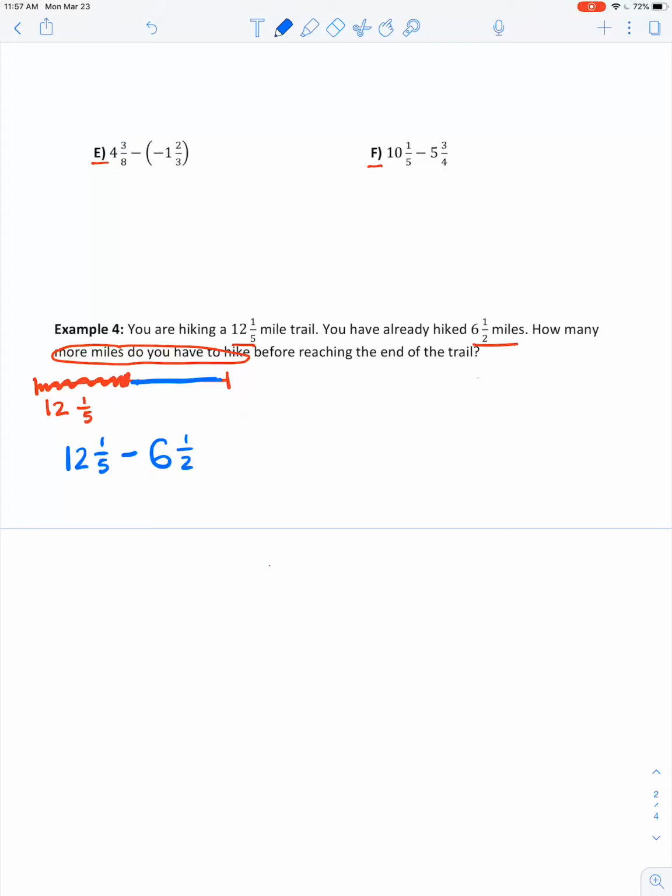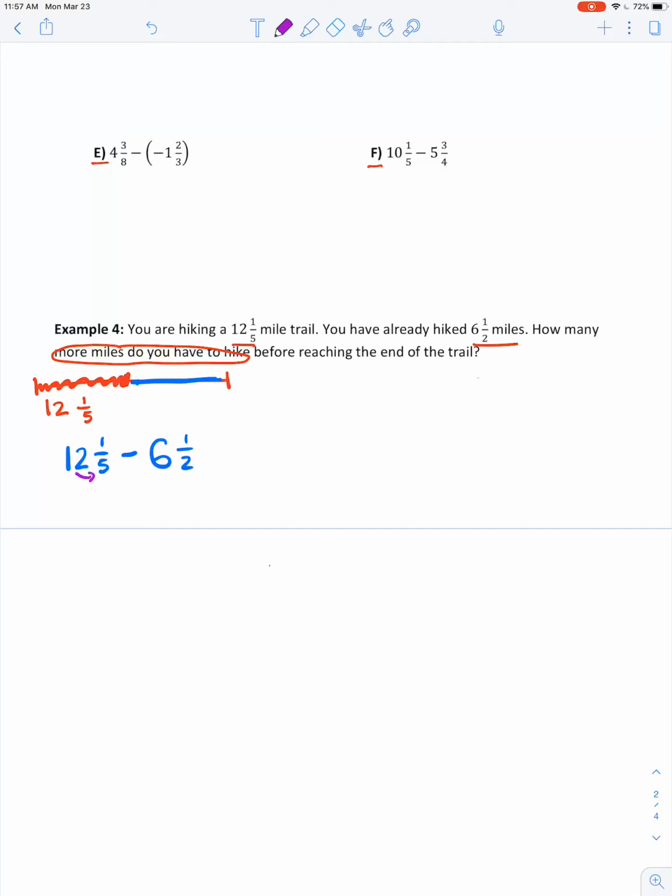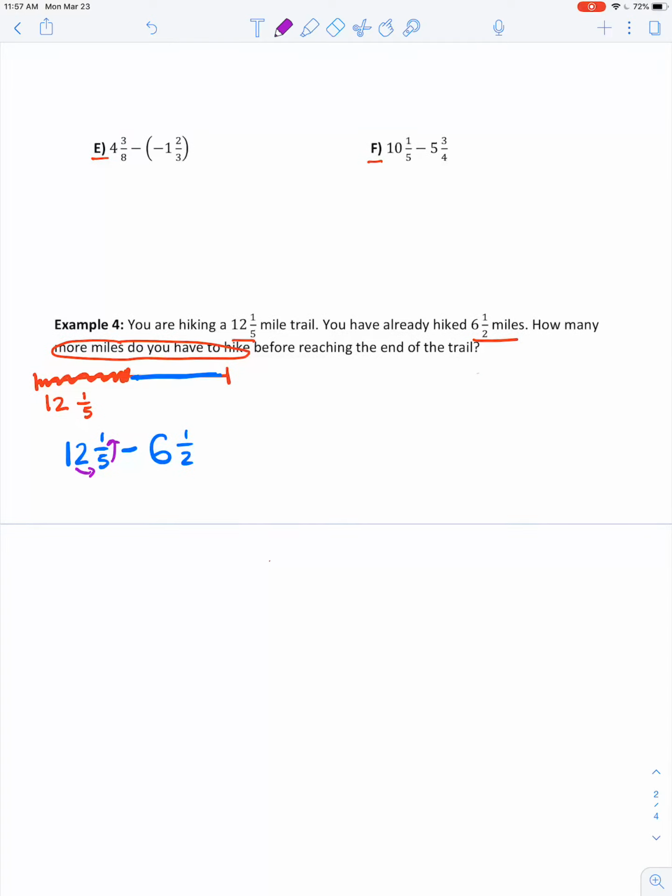All right, now this becomes like a problem just like we were doing it in example 3, where we need to write this as an improper fraction. So 12 times 5 is 60 plus 1 is 61. So I'm going to rewrite this as 61 over 5. And we have 6 times 2 is 12, plus 1 is 13. So 13 over 2.